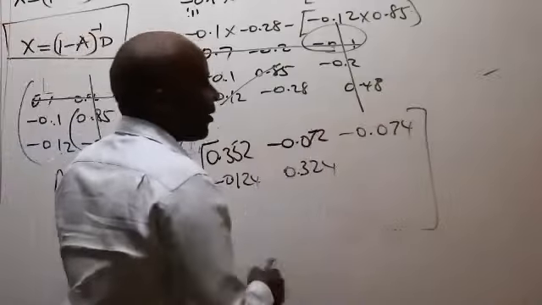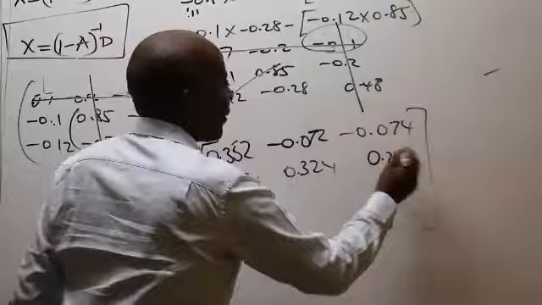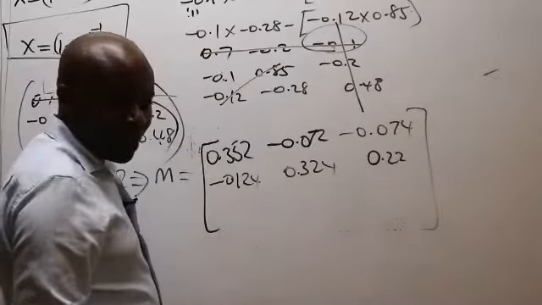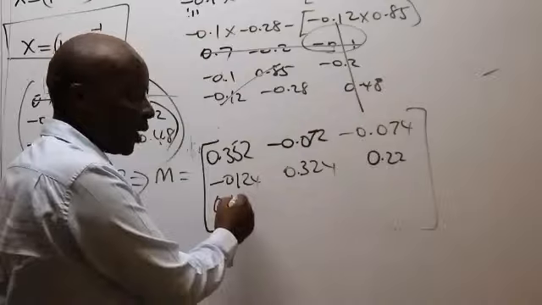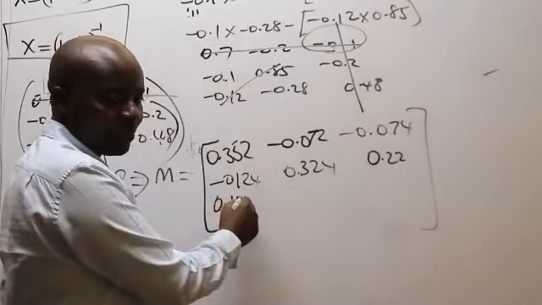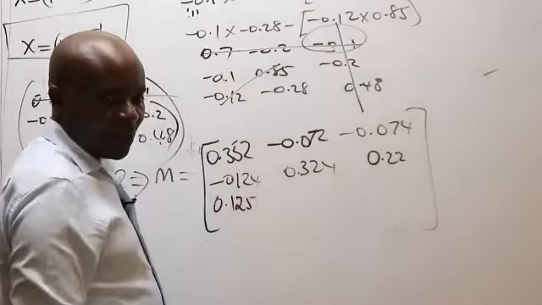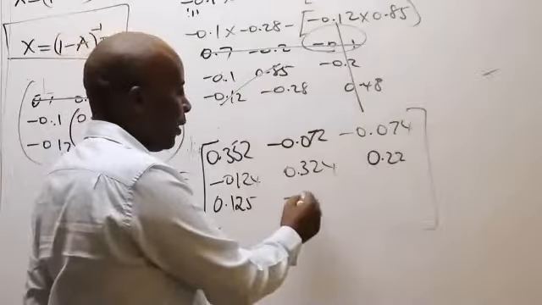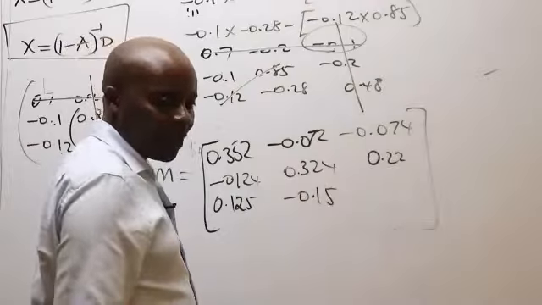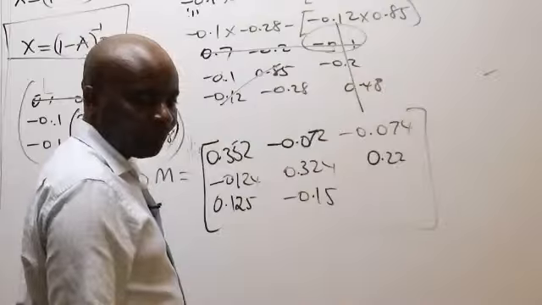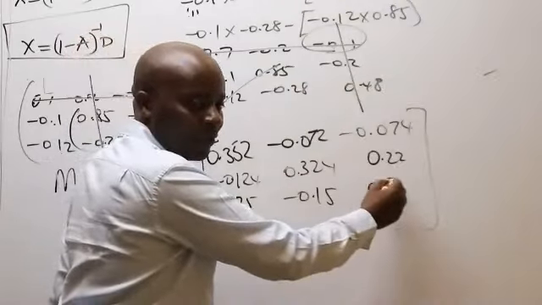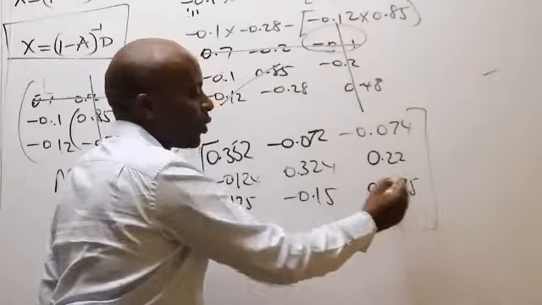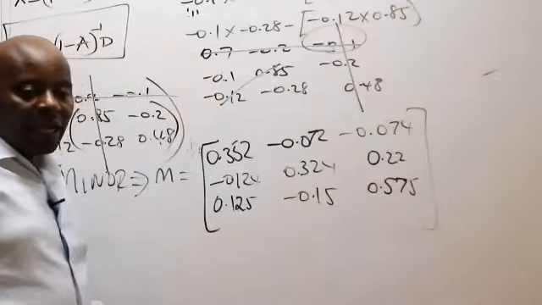Then we have 0.175, 0.125. Then we have negative 0.15, and then we have 0.5, 0.575. Thanks. Those are the minor elements.